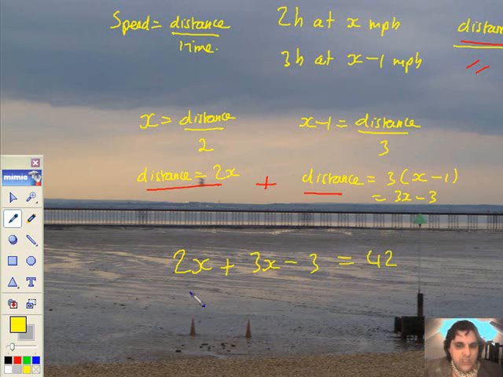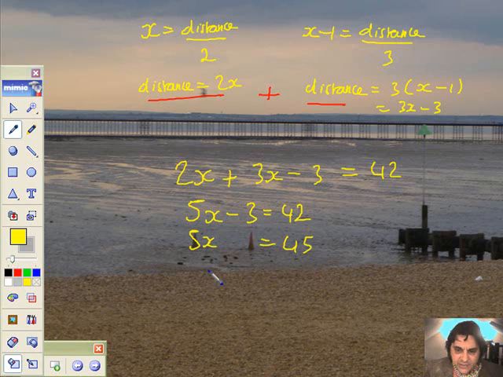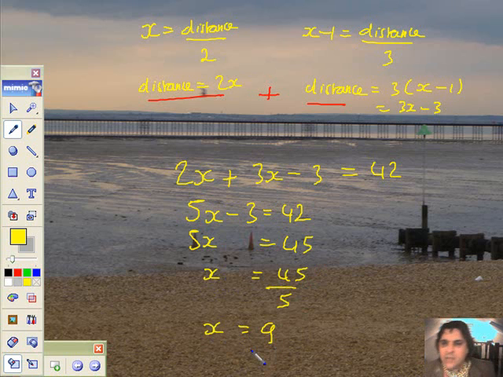I've got a really easy equation. Simplifying, 5x minus 3 is 42. 5x equals 42 plus the 3. Look at this. So a single x is going to be 45 over 5. So the single x is going to be 9. What is x all about? 9 miles per hour. So there I go.